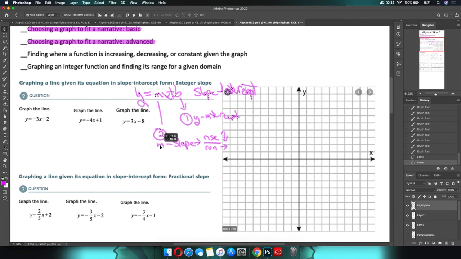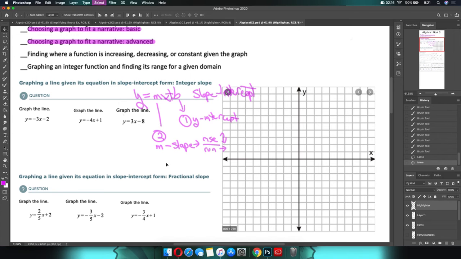So if this is what we're going to be looking for, what we want to do now is figure out, okay, if my y-intercept is my starting point, what is my y-intercept here? -2. Well, what does that actually mean? Because it is the y-intercept, what that means is we're looking at the y-axis.